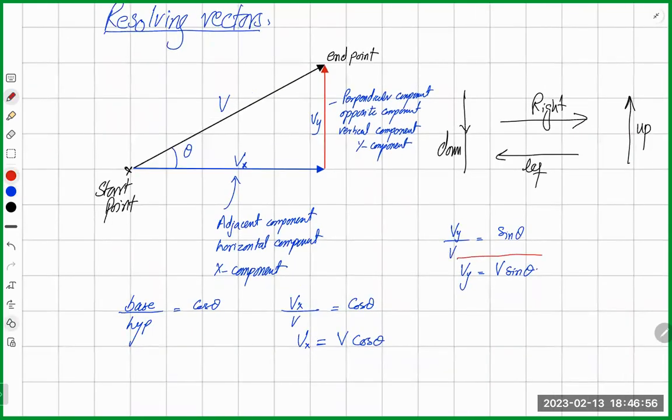But in exam, we won't have time to think about sine theta and cos theta and perpendicular and base. So remember this.